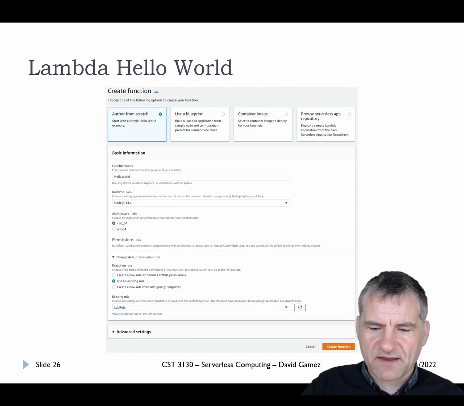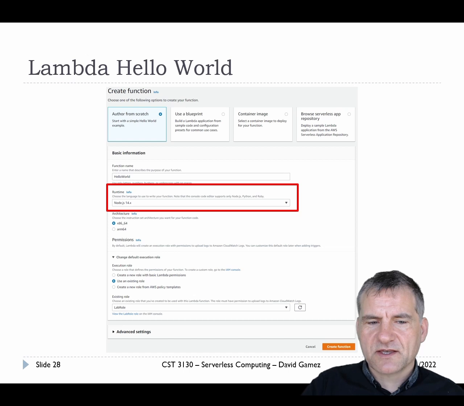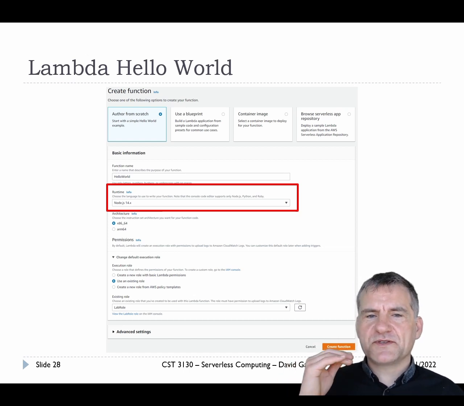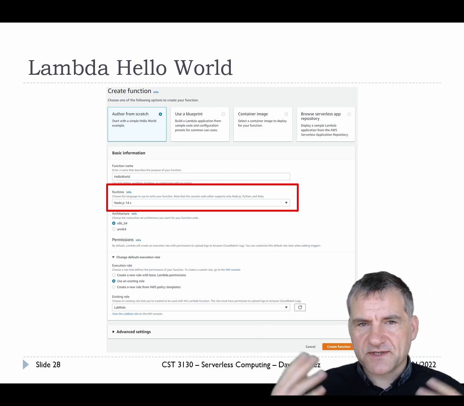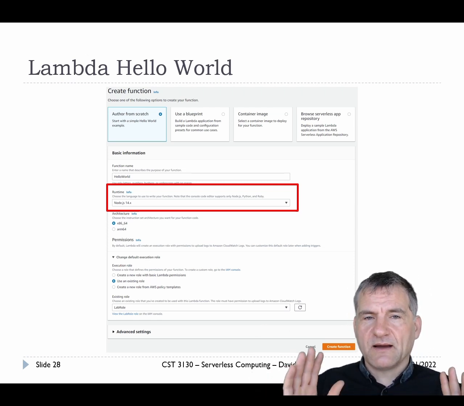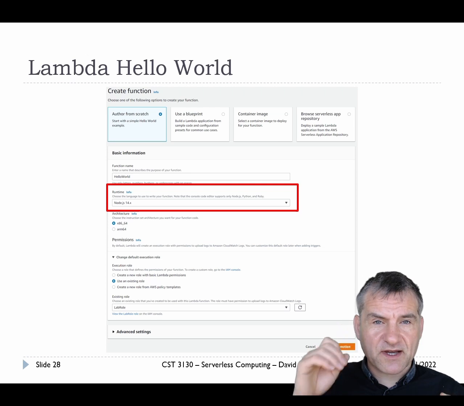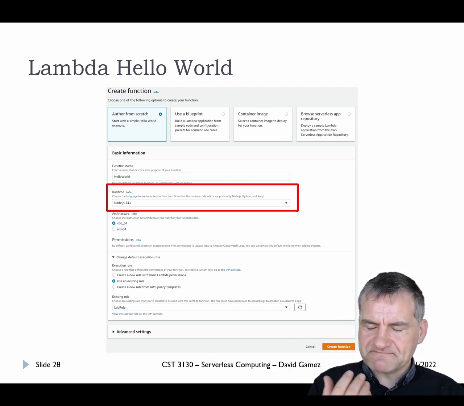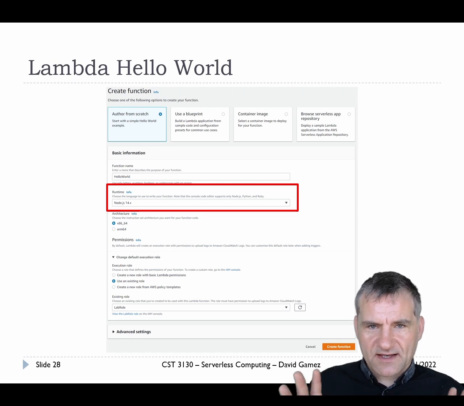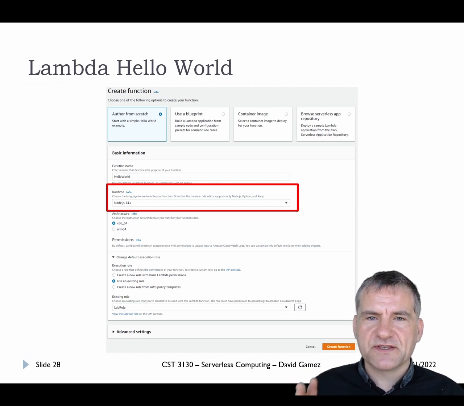So in the create function page, we give it a name. For the runtime, you can use Node, but if we were not doing this particular piece of coursework, I think you could use Scala, and all kinds of different programming languages and environments within Lambda functions, yeah? For this coursework, you must write your Lambda functions in JavaScript.